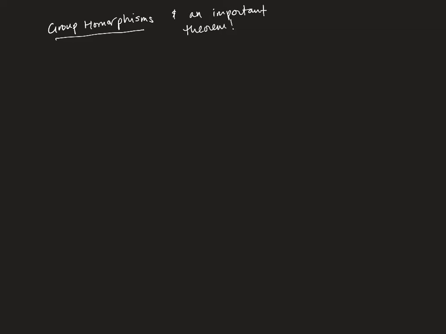is. So let's suppose that I have a function f from G to H, where G and H are groups, and f is a function. And I want to show that it's a group homomorphism.